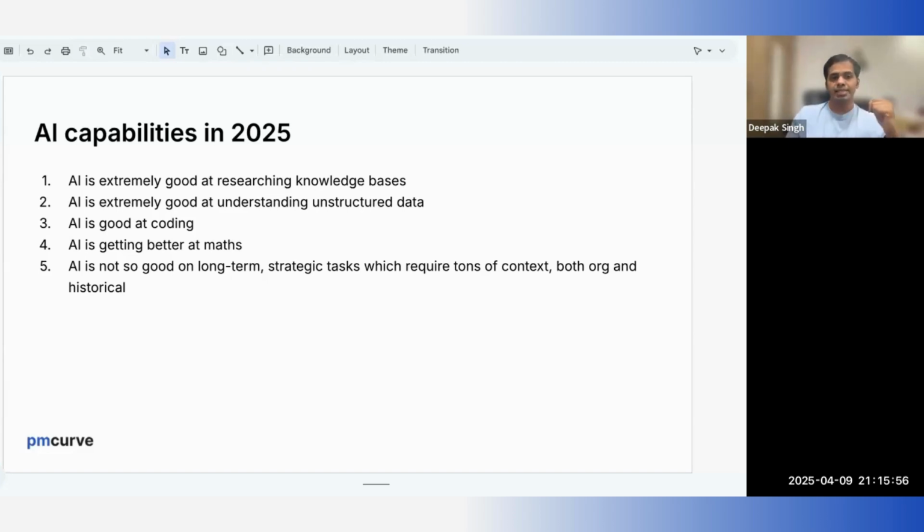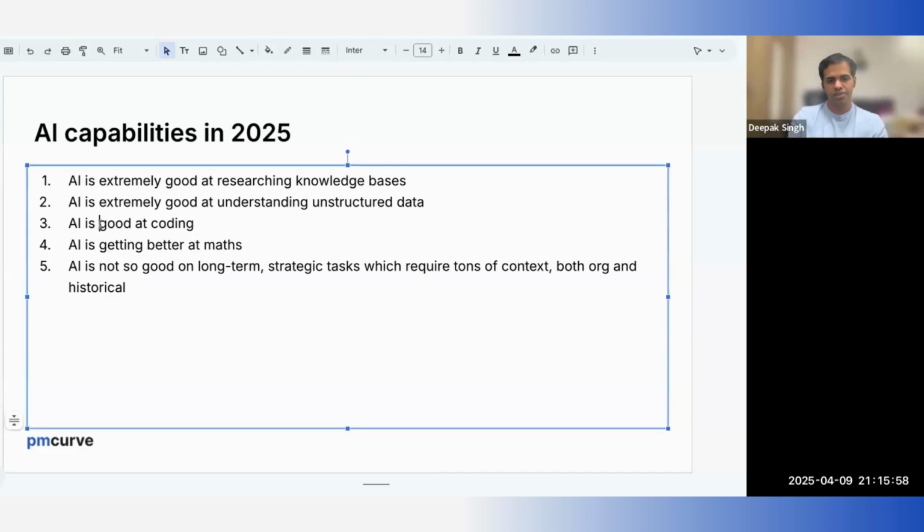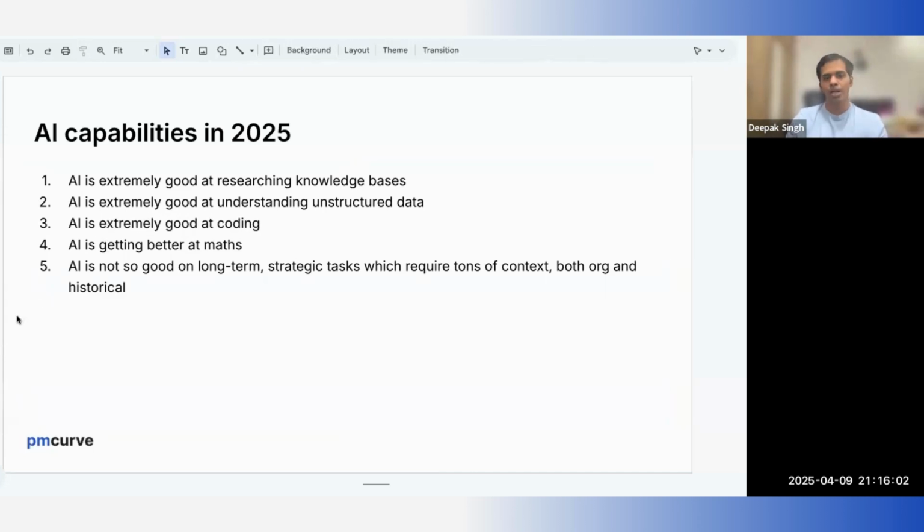The third is, let me change this, AI is extremely good at coding. In fact, AI is so good at coding that people are questioning whether coding is even a skill you should learn at this point in time. Now, of course, like any hype, there is a lot more hype in that, as AI is not good at some of the stuff that coders do. But at the same time, it is extremely good at writing 70-80% of the code that we need to write.